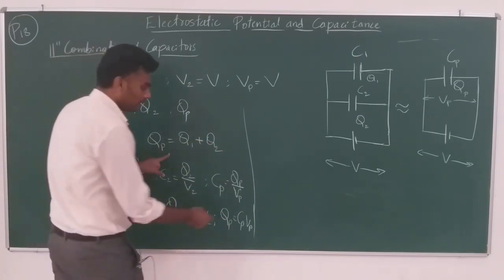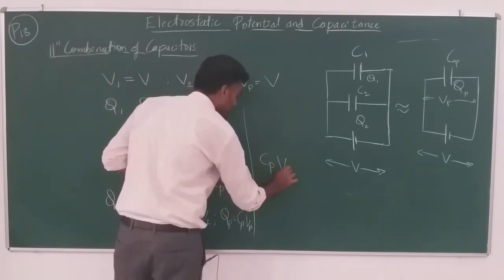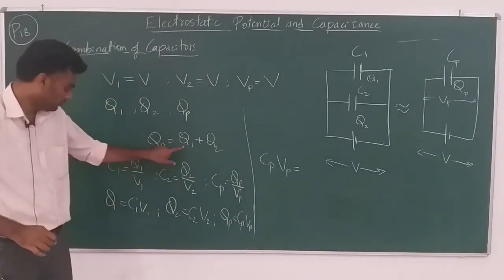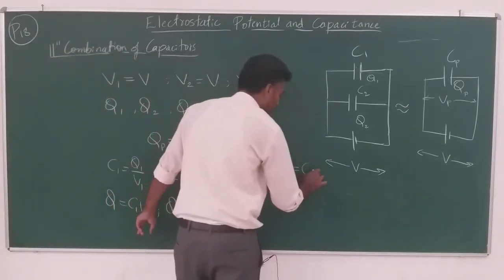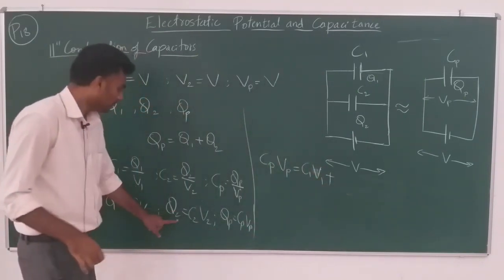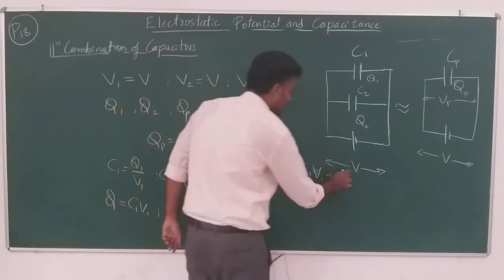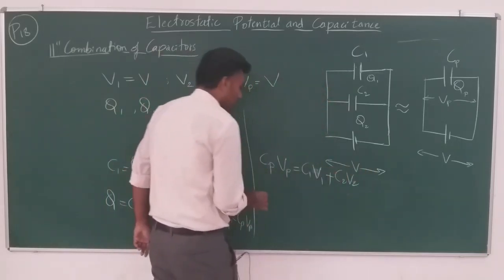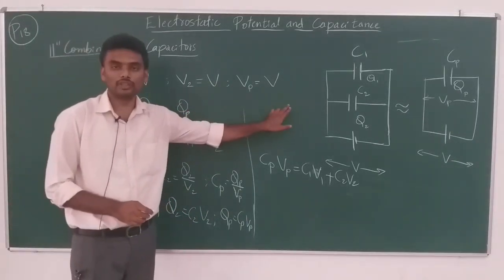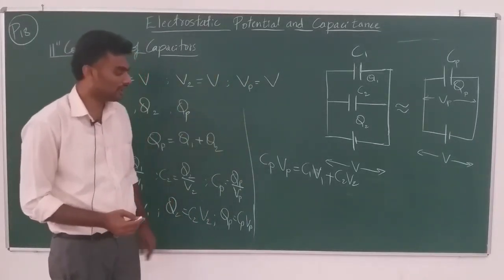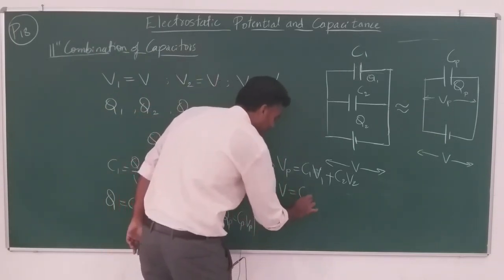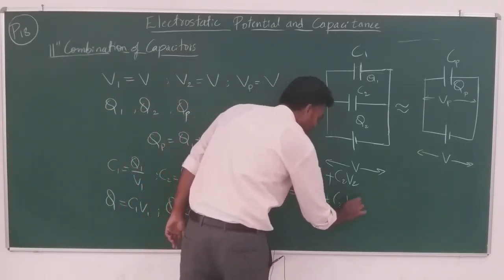So QP is CP VP, which is equal to Q1, C1 V1, plus Q2, C2 V2. Now V1 is equal to V, V2 is equal to V, VP is equal to V. The potential differences across all of them are equal, so that I can replace them. That becomes CP V is equal to C1 V plus C2 V.